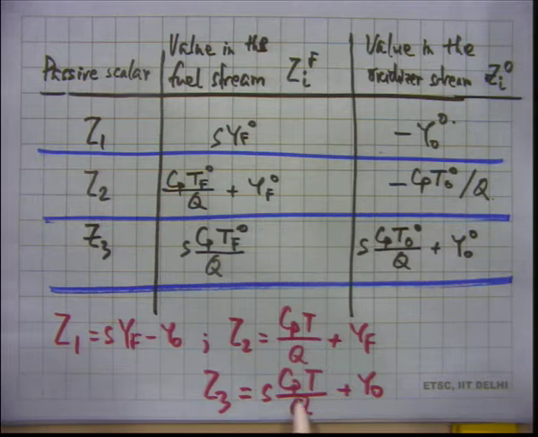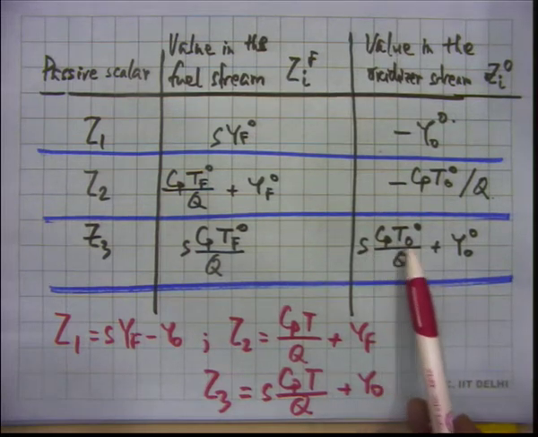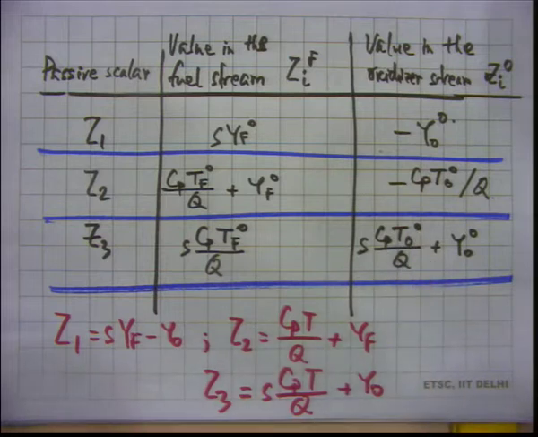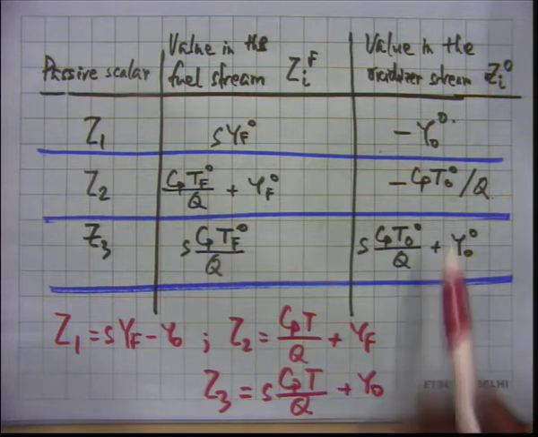Z3 is S Cp T divided by Q plus YO. Now, what is that in the oxidizer stream? It should be S Cp TO0, because TO0 is the temperature in the oxidizer stream.